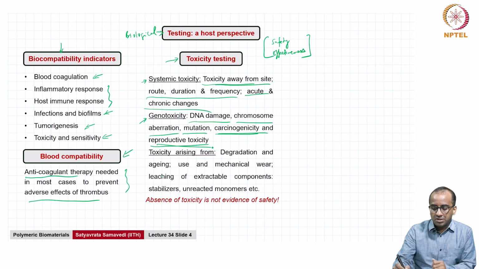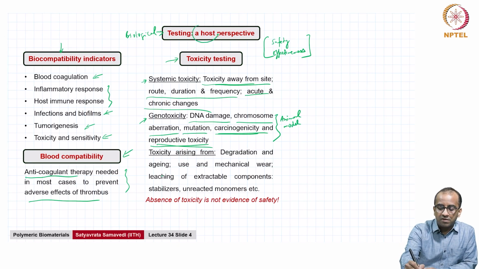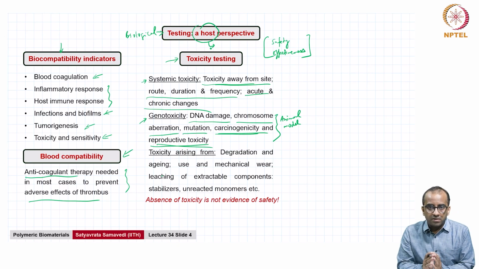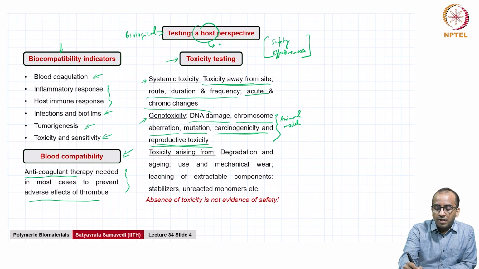And all of this also has to be contextualized against the correct animal model. So remember here, when we talk about testing from a host perspective, we are not talking about in vitro testing, although that should have been done a priori. Here we are primarily focusing on in vivo and clinical testing.